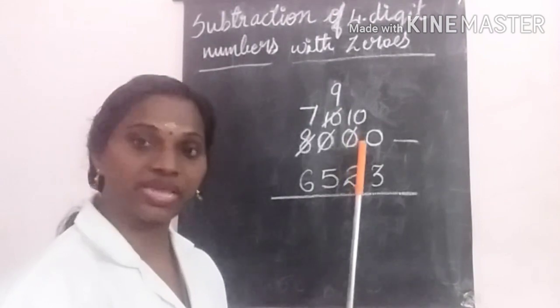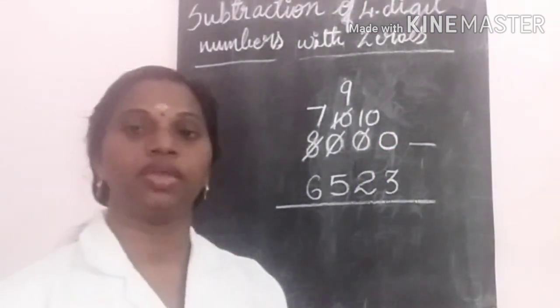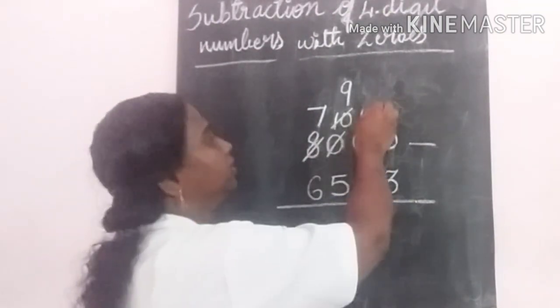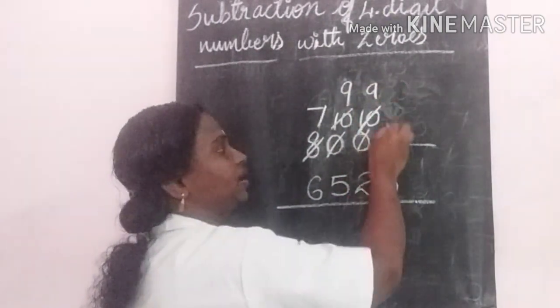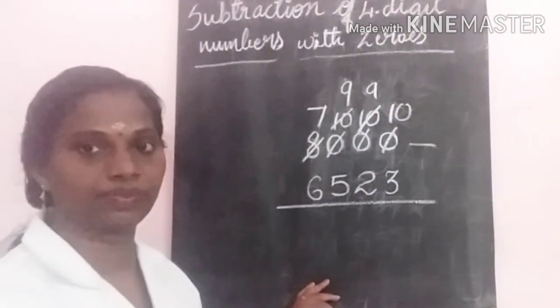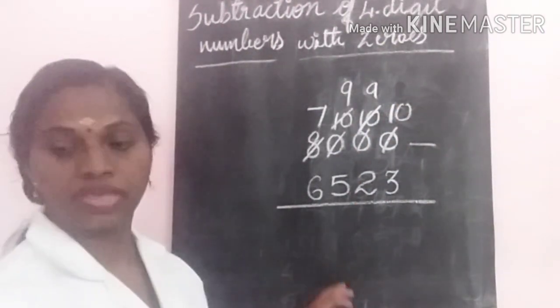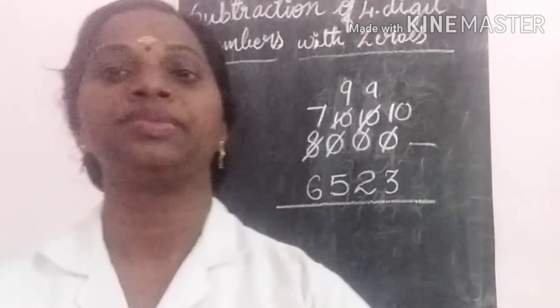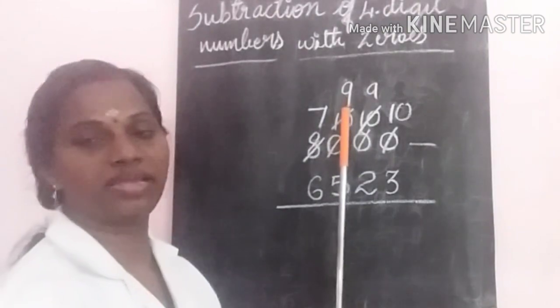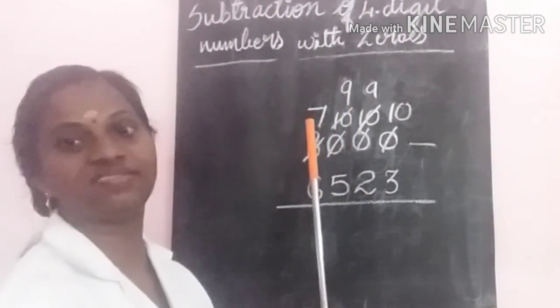Now we have 10 tens. Now we can regroup these 10 tens. So this will be 9 and this will be 10. Clear? So now in the ones place 10, the tens place 9, the hundreds place 9 and the thousands place 7.